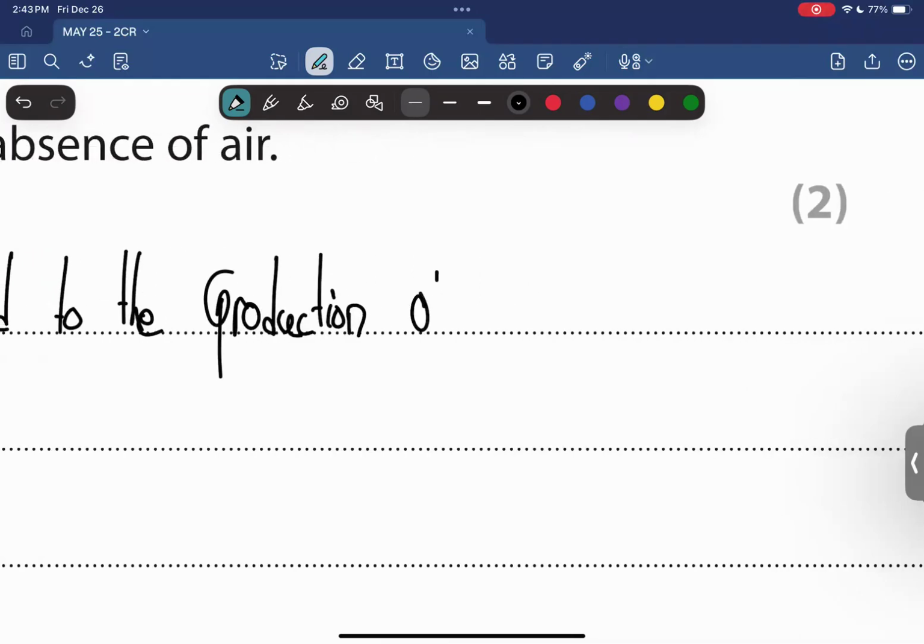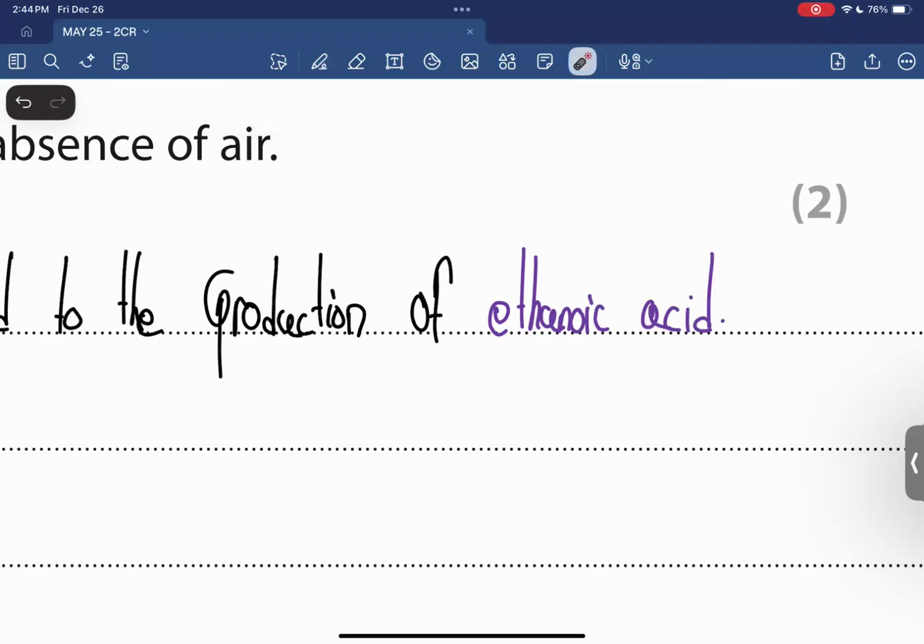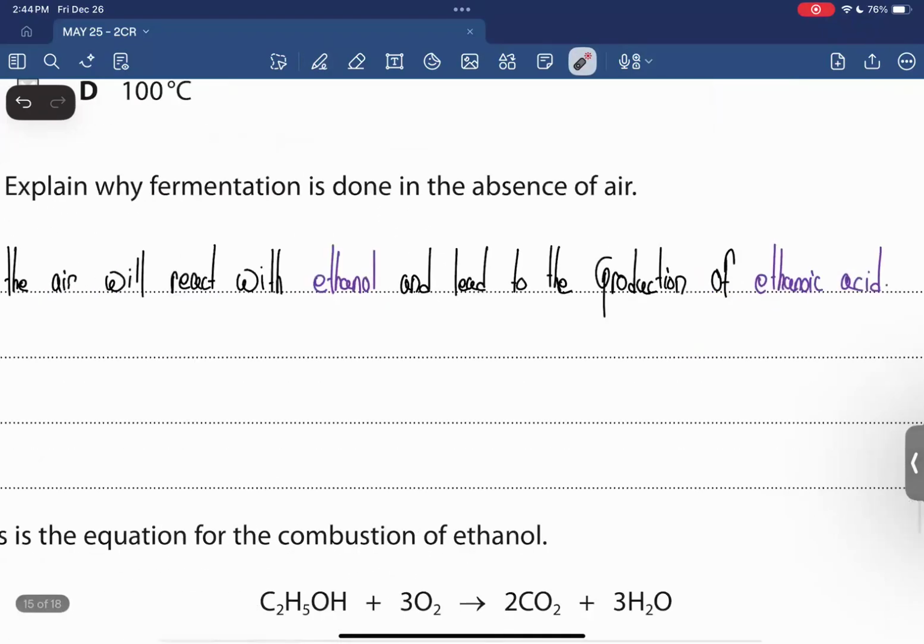Hence, we want to ensure that anaerobic conditions are maintained, the absence of oxygen.